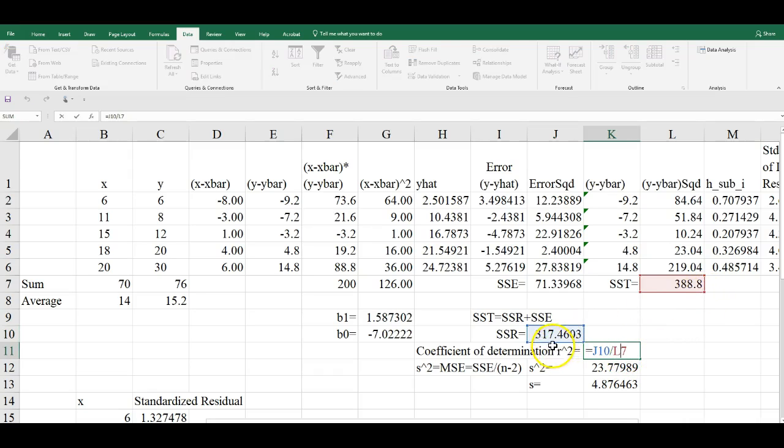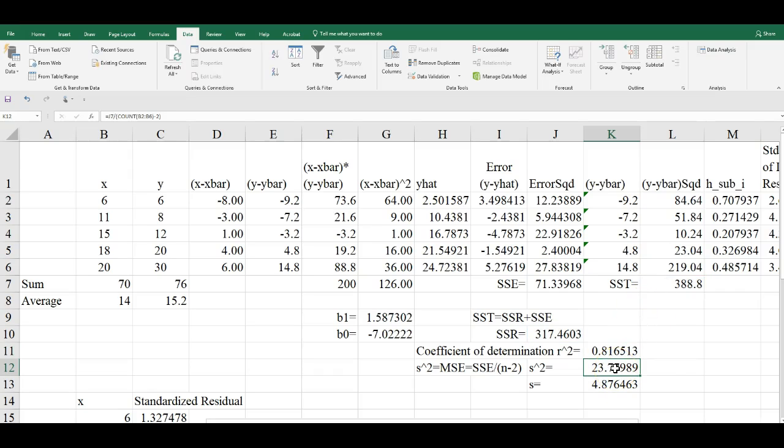We then use this number to calculate the coefficient of determination, r squared, which is the ratio of the sum of squared residual divided by the sum of squared total.